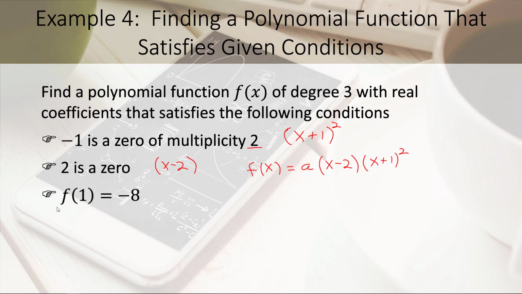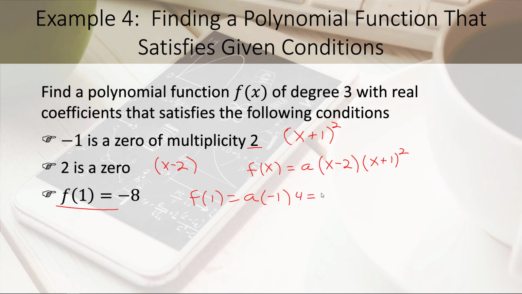Okay, well, notice we have a third bit of information. That is, if you evaluate f at x equals 1, you should get negative 8. Okay, so let's go ahead and do that. f evaluated at 1 is going to be basically this function where we replace x with 1, and that will be a times 1 minus 2, which is negative 1, times 1 plus 1, which is 2, squared, which is 4.